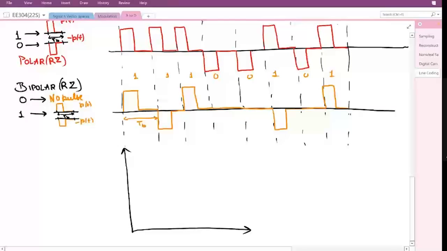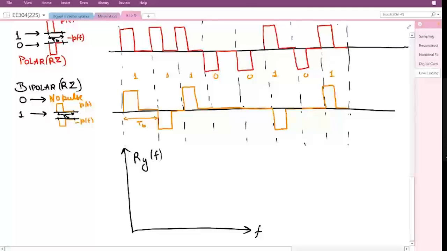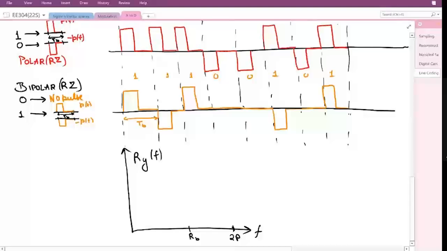This is the PSD of these two schemes, TB was the duration, and RB is the bandwidth of that scheme. So if I see the spectral density and then compare polar and bipolar, let us draw first polar.